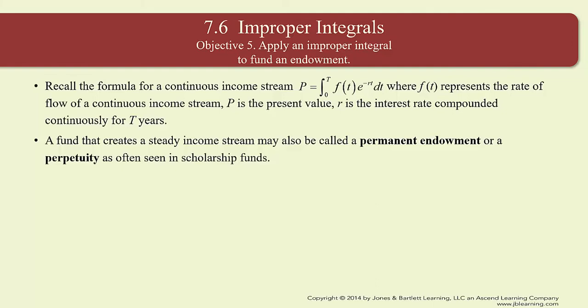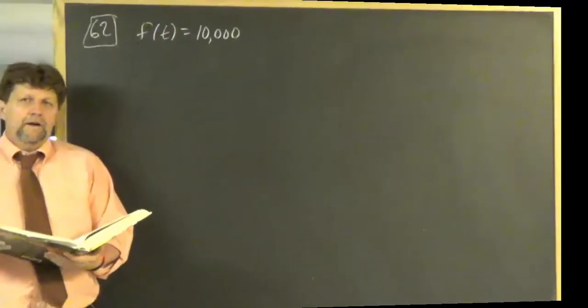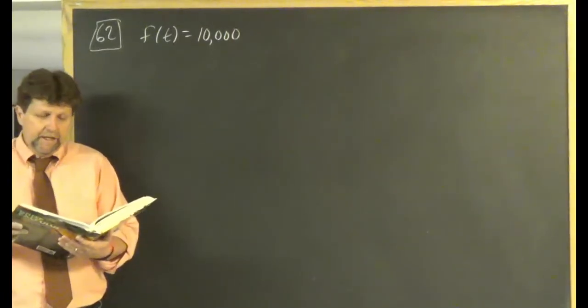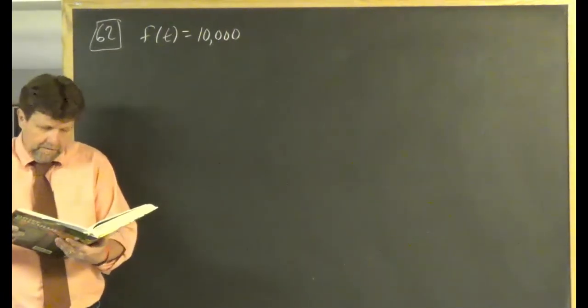So to see how to do this, we are going to go to your book, and we're going to do number 62 that's on page 587. So here we go to the chalkboard. All right, we're going to look at something that's called an endowment or a perpetuity. Number 62.